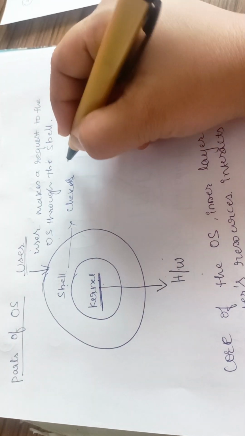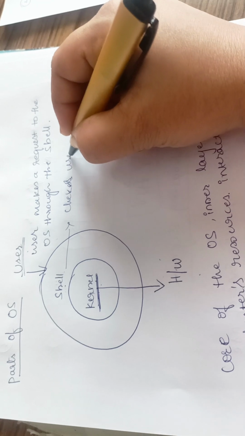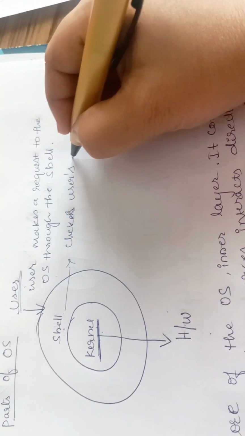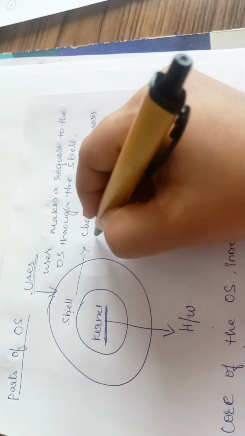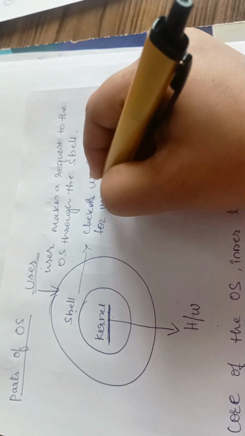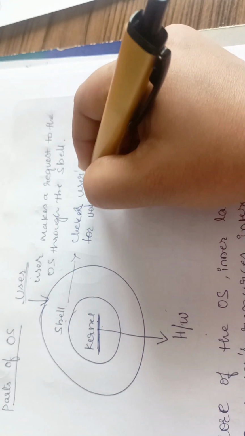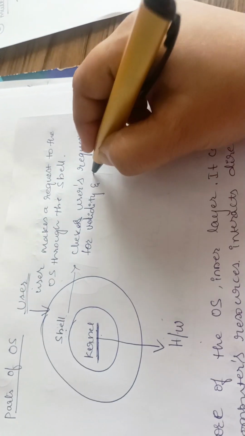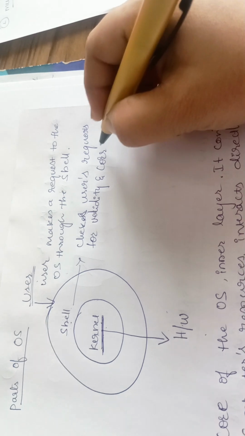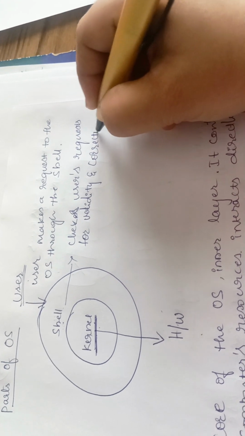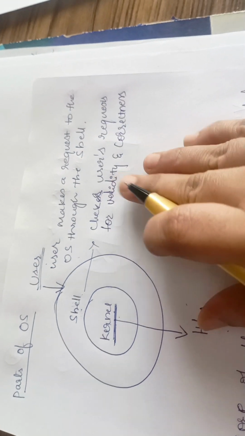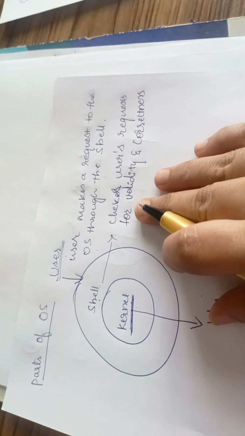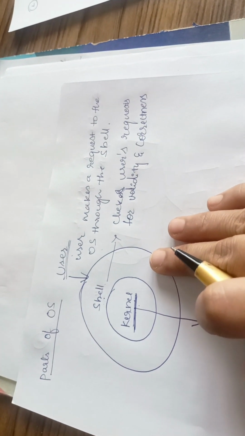The shell checks the user's requests for validity and correctness. If it is not correct or not a valid input, it will send some information back to the user to give a proper input.